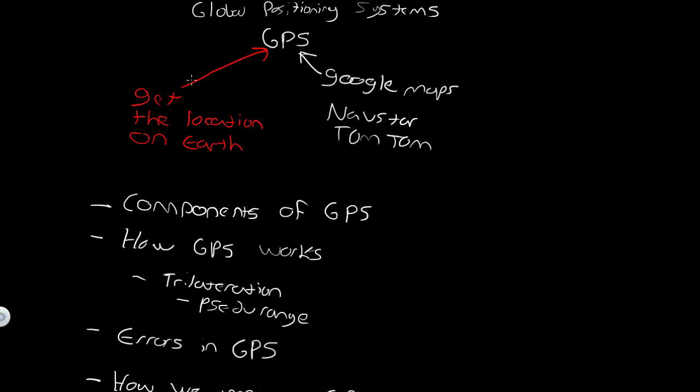We're using this GPS technology and the different components that we're going to talk about in this video to somehow be able to get the location of a receiver, whether it's your smartphone or an integrated chip in your car, to get the location of that receiver on Earth.